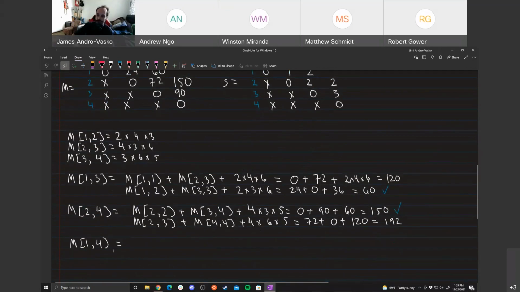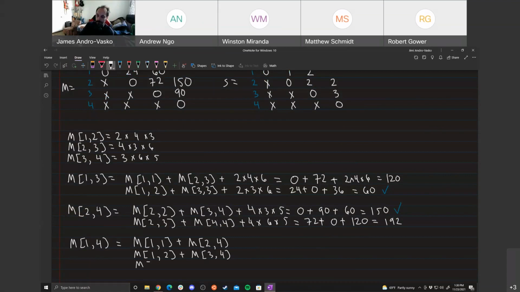The first way is we could say, well, I could choose 1 for my cutoff point, or I can choose 2 for my cutoff point, or I could choose 3 for my cutoff point.